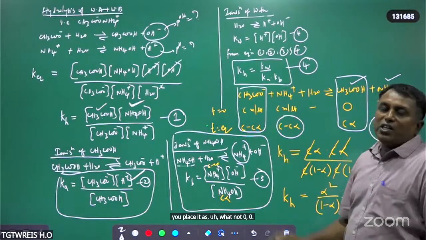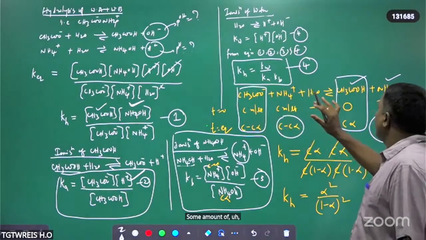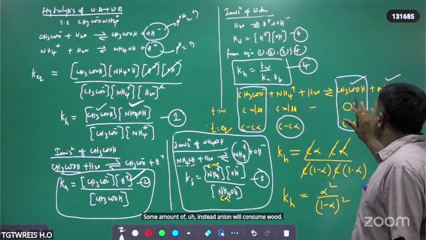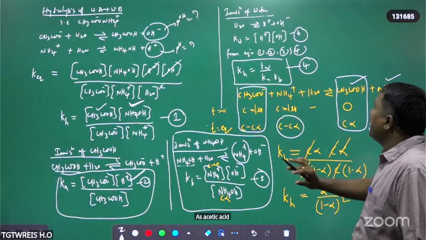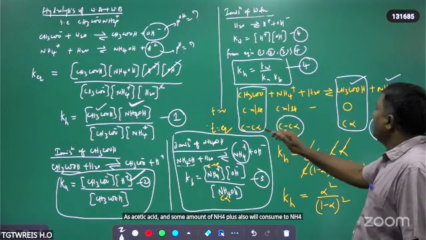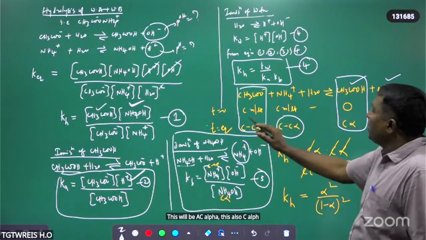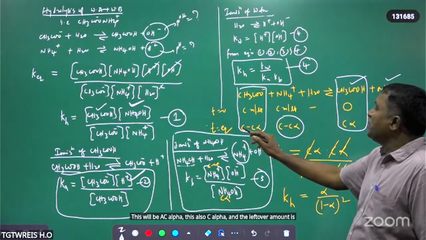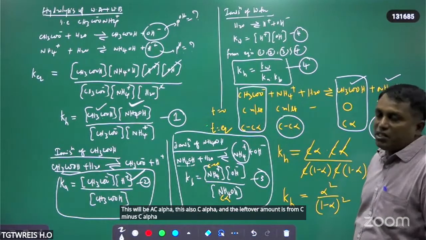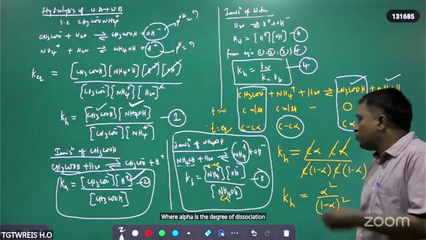After establishment of the equilibrium, some amount of acetate anion will be consumed as acetic acid and some amount of NH4 plus will be consumed to form NH4OH. Therefore, this will be C alpha, this also C alpha, and the leftover amount is C minus C alpha, this also C minus C alpha, where alpha is the degree of dissociation, that is the DOD.